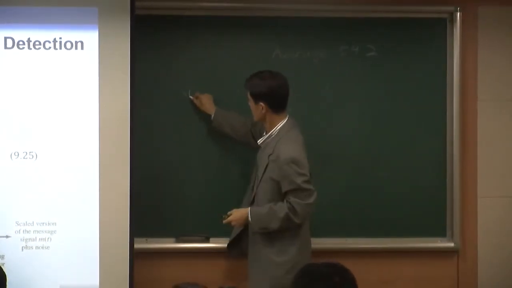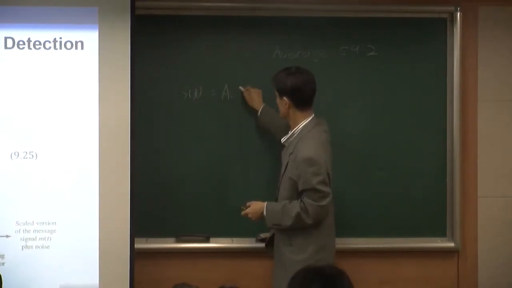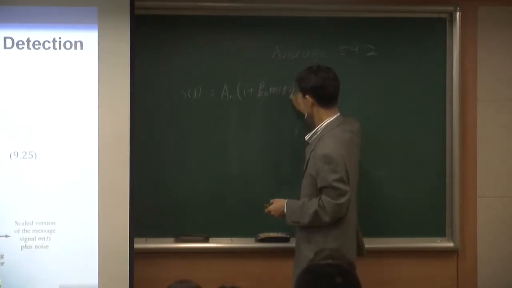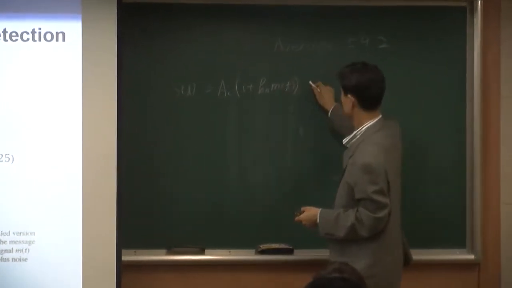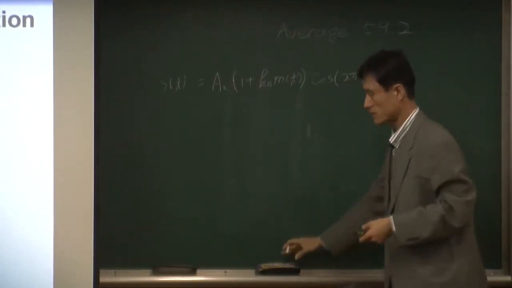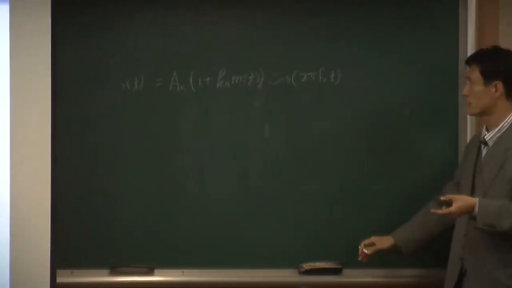So this is s(t) when you do DC added modulation, amplitude modulation. So this is a signal that we transmit over the air after modulation.